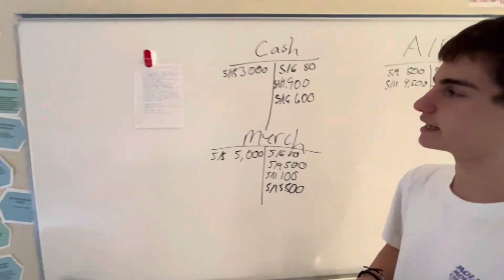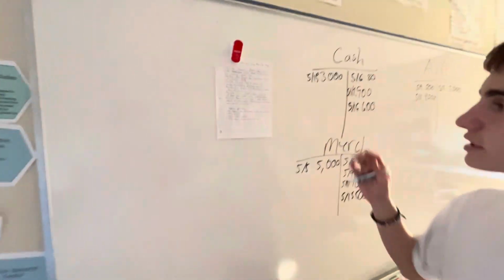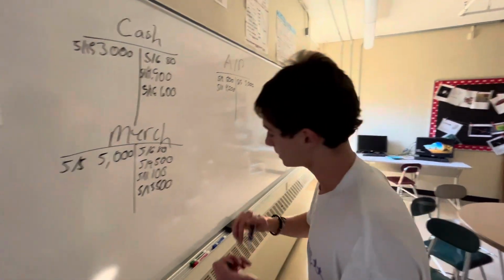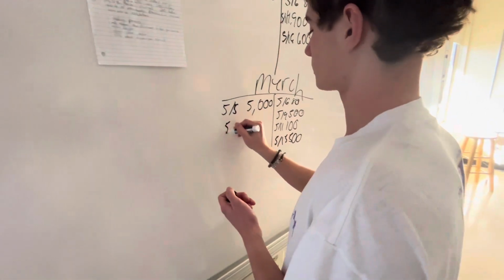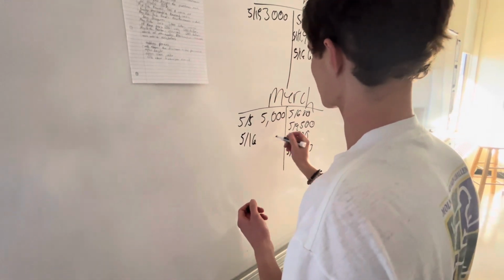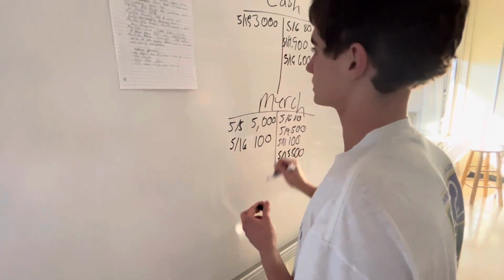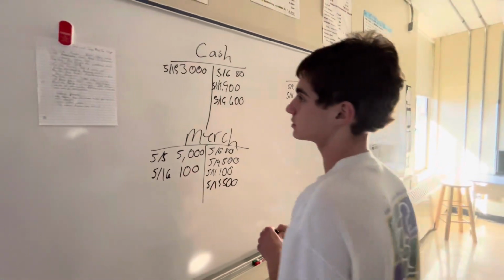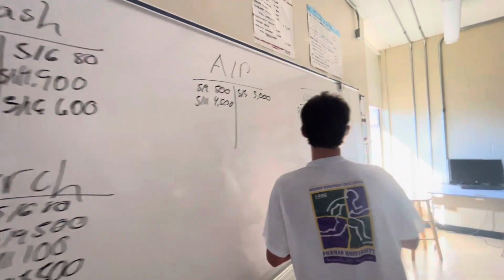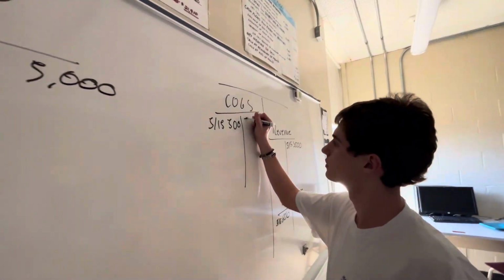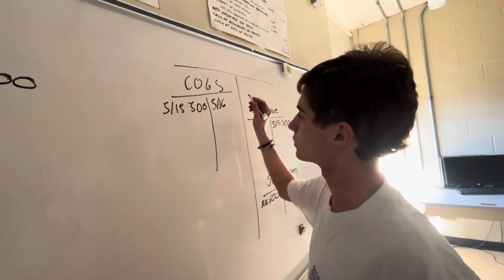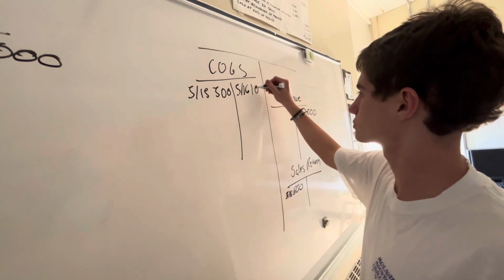It said our cost of goods was $100, so we gained $100 more in our merchandise because they're returning it back to us. And then we lose $100 in our cost of goods sold.